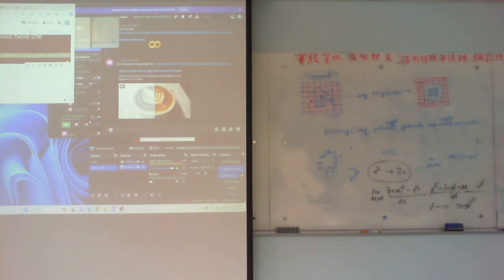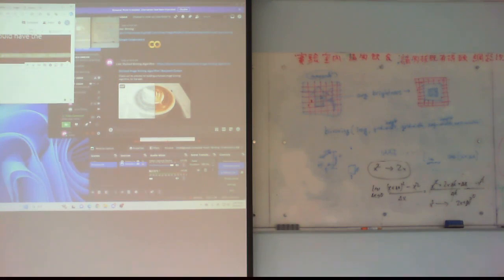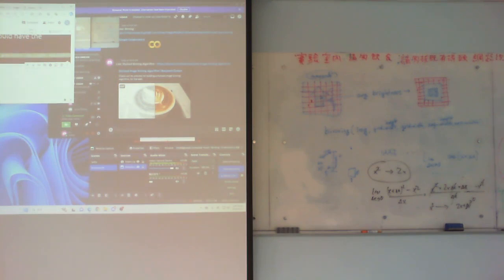And now I want to process each grid separately. So maybe I just print out the shape.